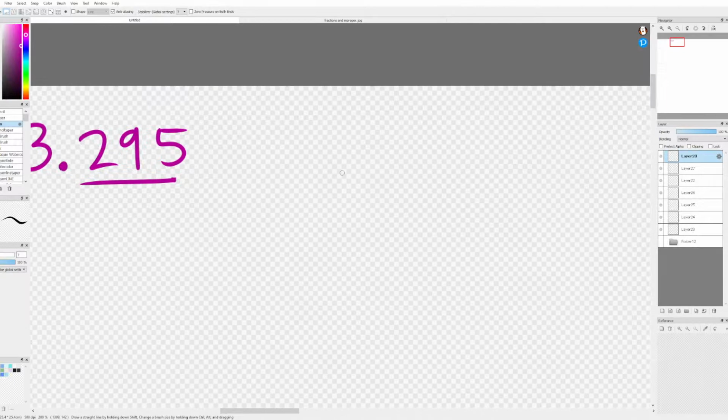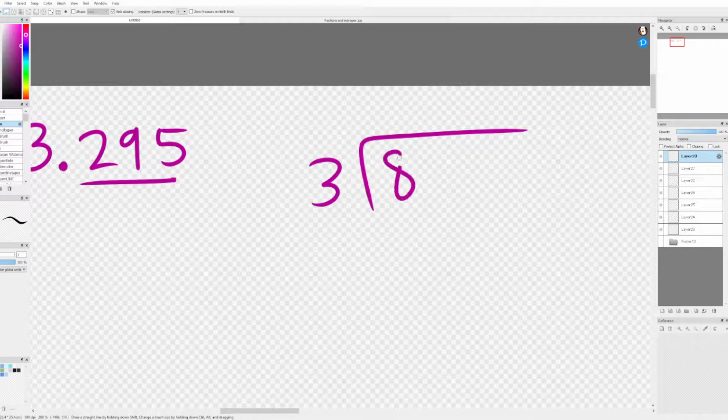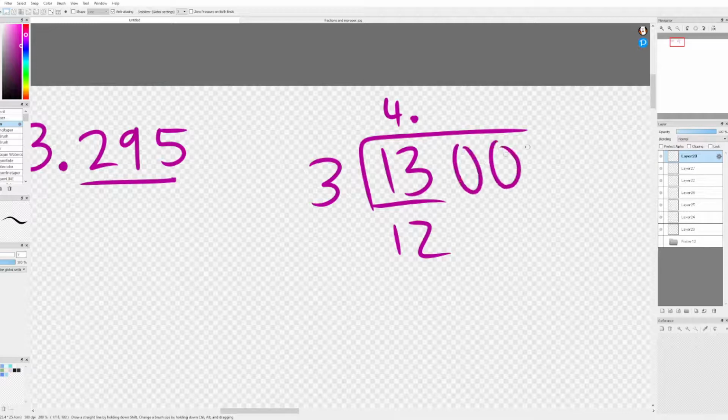If you're dividing something like 3 into 13, we know 3 goes into 13 4 times, which gives us 12. If you wanted to turn that into a decimal, well, this one's kind of not a very good example because it's going to turn into 3 repeating.